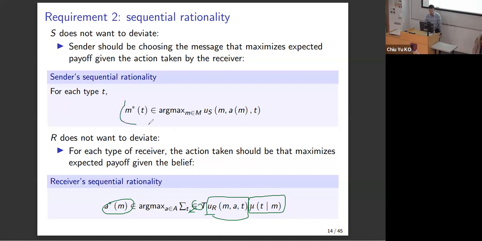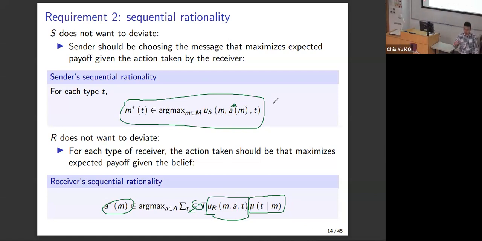And for the sender, actually I should put a star there as well.